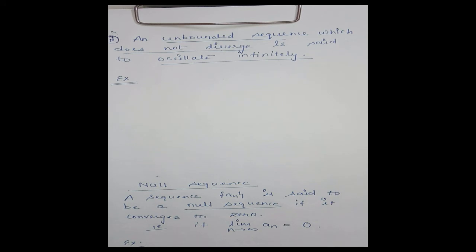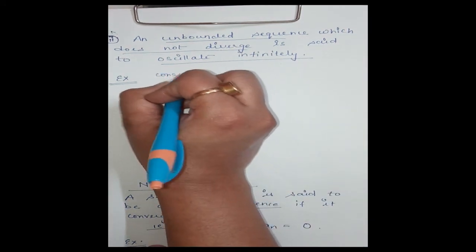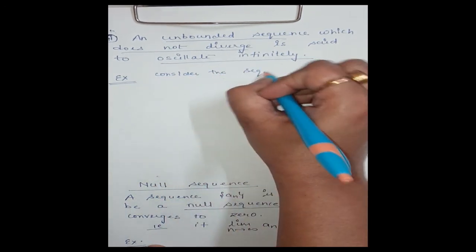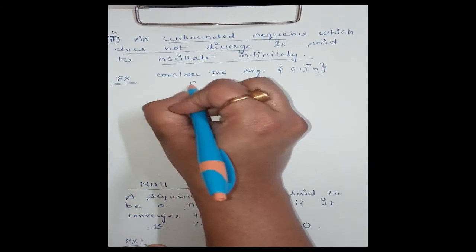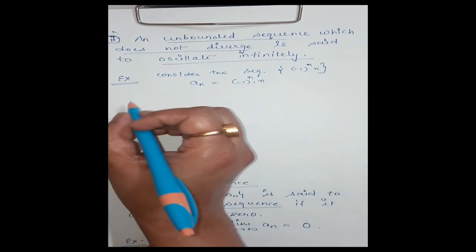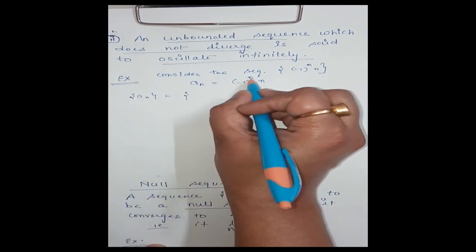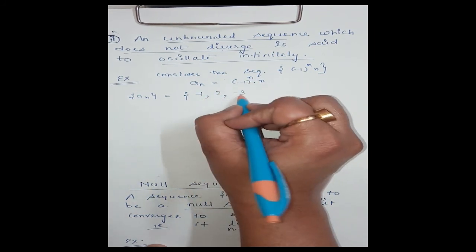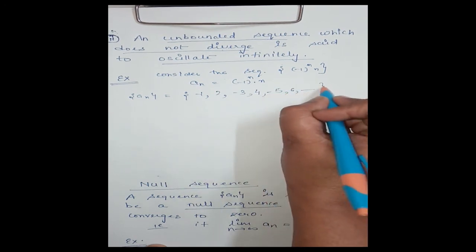Now we consider an example. Consider the sequence (-1)^n times n. Then a_n is (-1)^n n, and the terms will be like this: -1, then 2, then -3, then 4, then -5, then 6 and so on.